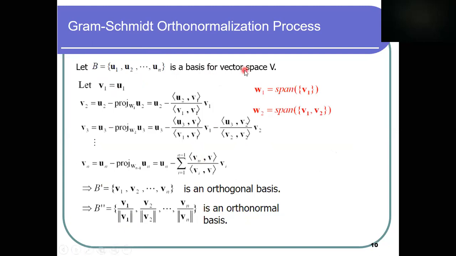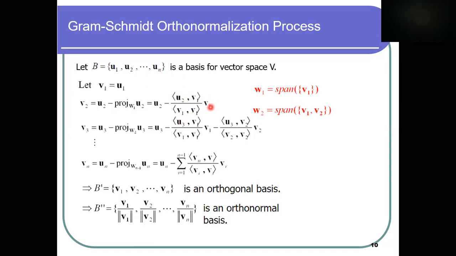Suppose V1 equals U1, and V2 is U2 minus the projection of U2 over W1. In that case, it is the dot product of U2 with V1 and the dot product of V1 with V1, into V1.